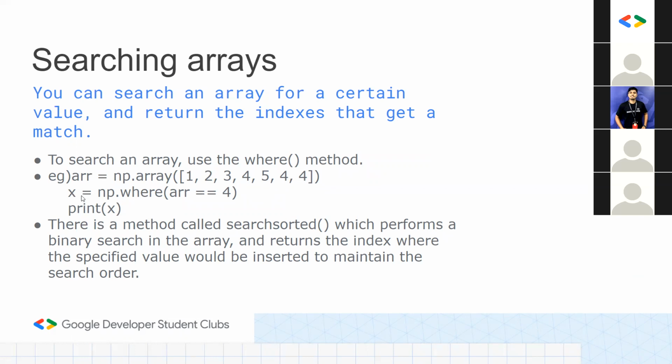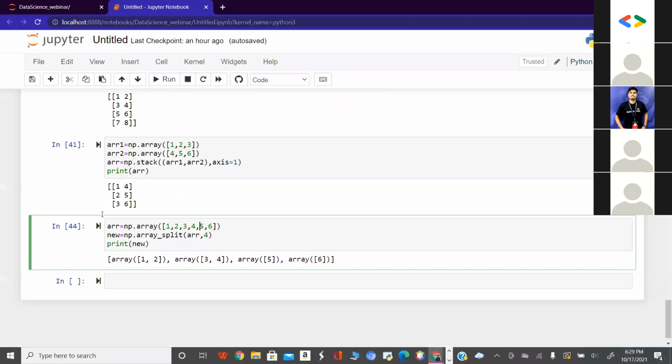Notice that. Then we call a variable and pass in the where function, specifying a condition that we want the indices where 4 is present in the array. So let's test this out.